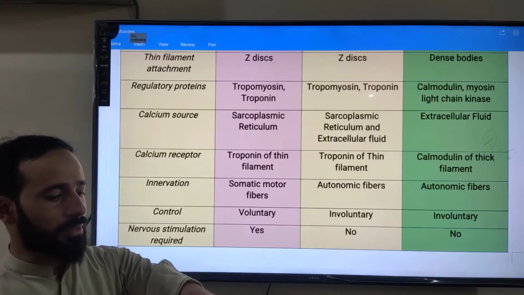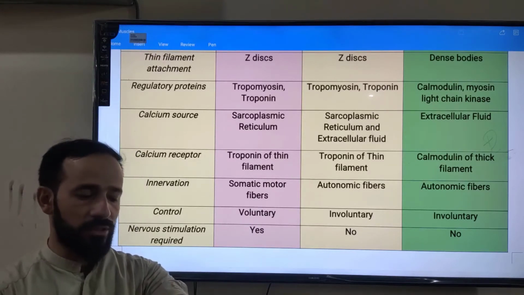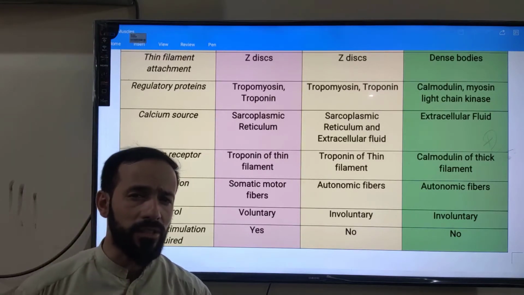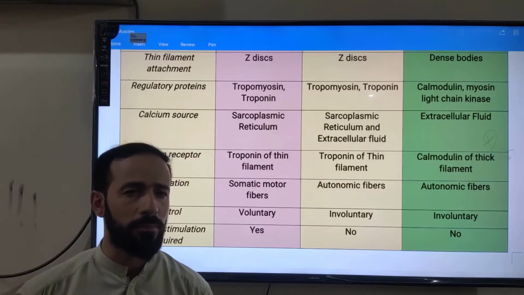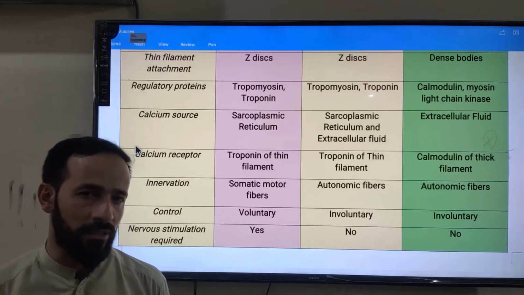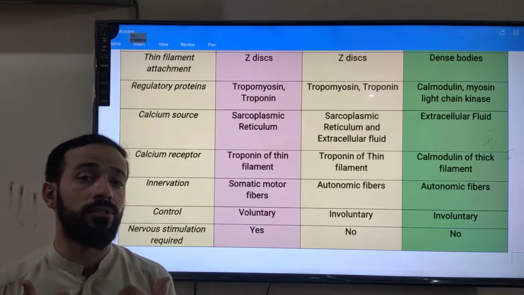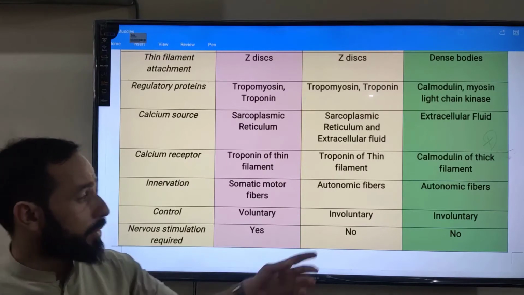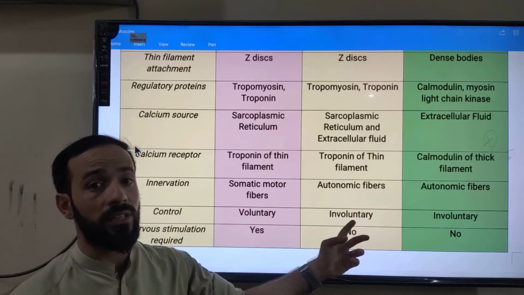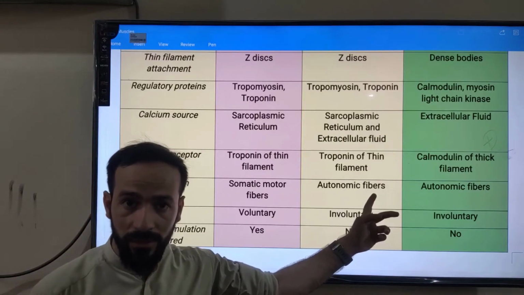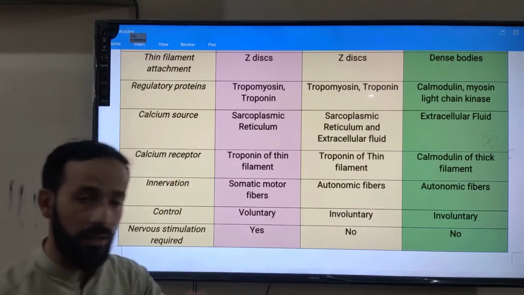No. Can you stop the contraction of smooth muscles in your blood vessel walls? Or the contraction and relaxation of smooth muscles in the GIT tubes, or in your respiratory tube? No. So they are involuntary, because they are supplied by autonomic nerve fibers.